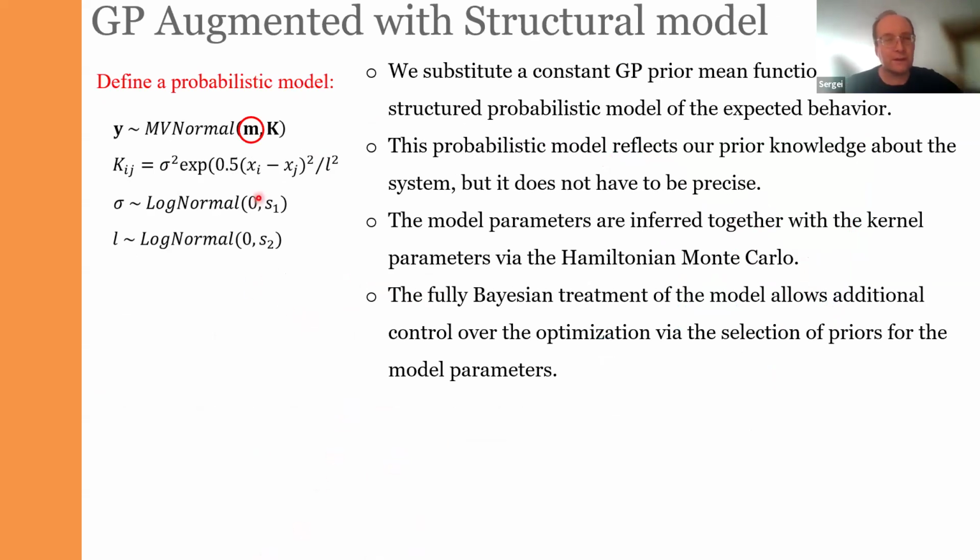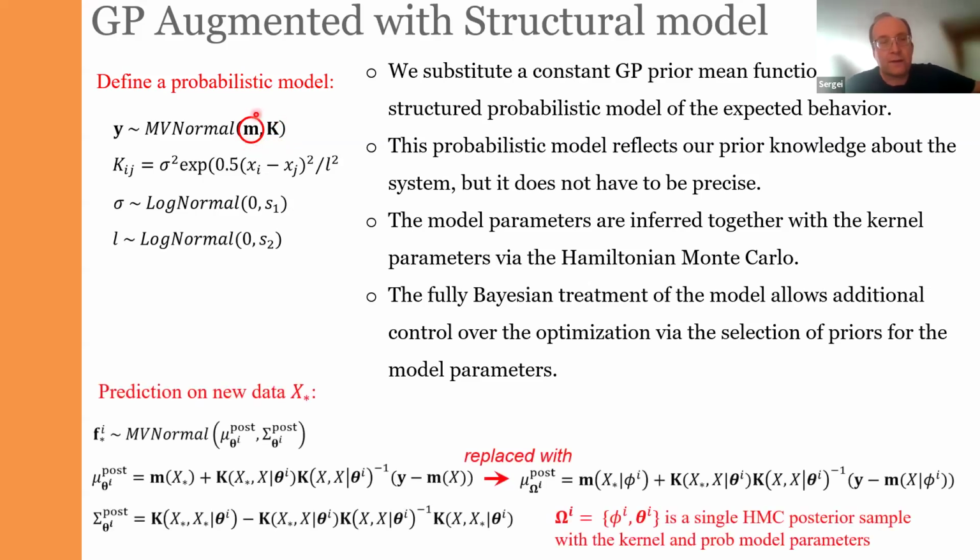So the way it works is that a Gaussian process is essentially a multivariate normal distribution, which is determined by some kernel function. And in the example that I have shown, there is a mean function, and the mean function is 0. So what we can do is, rather than having the mean function 0, we can choose the mean function to be a probabilistic model of our physical behavior.